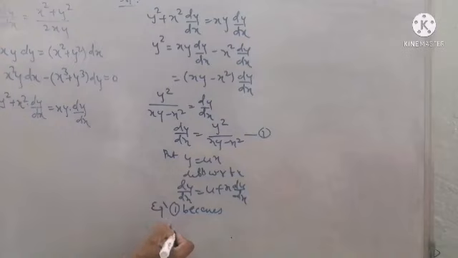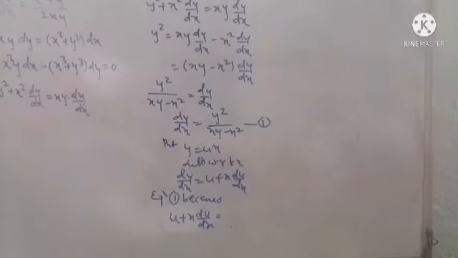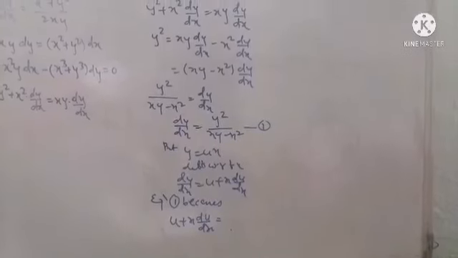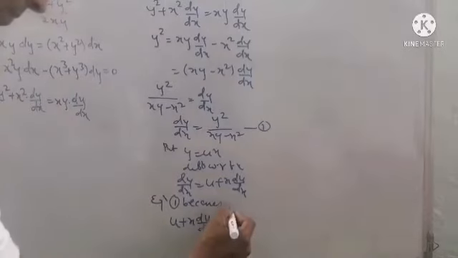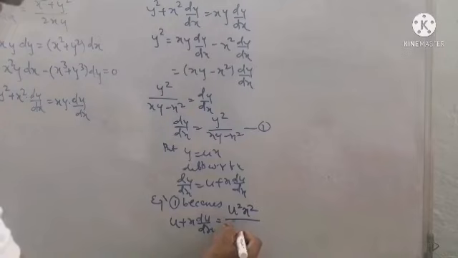on the left hand side u plus x into du by dx, and on the right hand side, as we have to put y is equal to ux, y square becomes u square x square in the numerator, and in the denominator x into bracket ux minus x square.